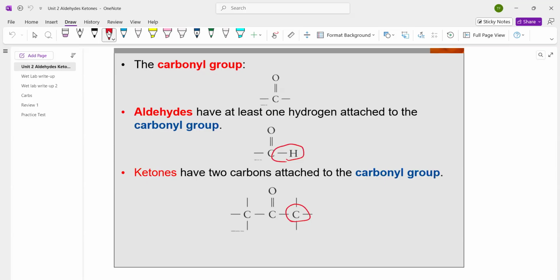Okay, so an aldehyde is on the end only. Ketones are in the middle only.